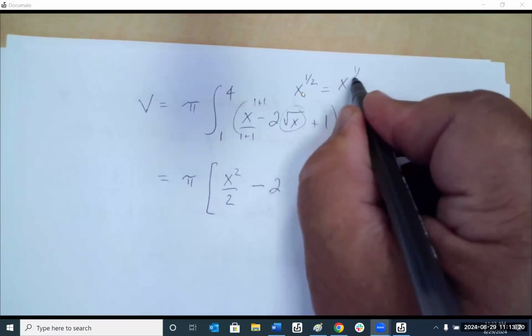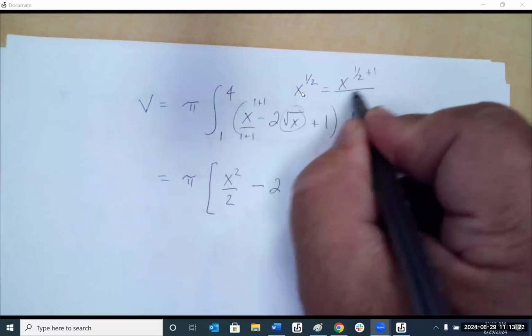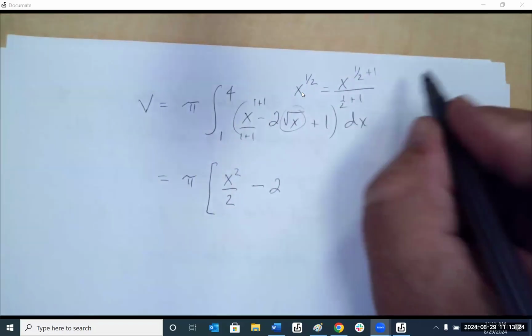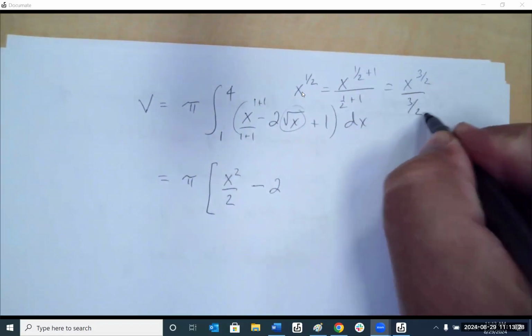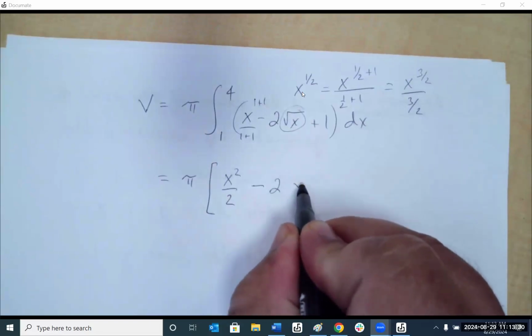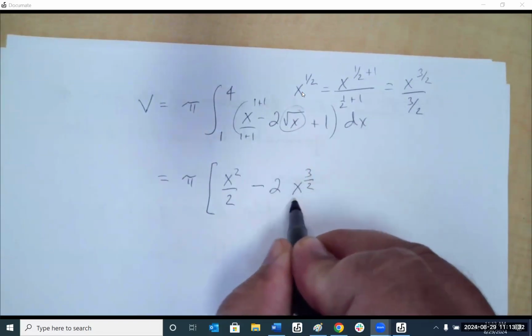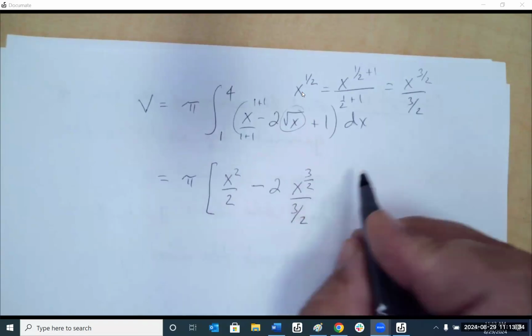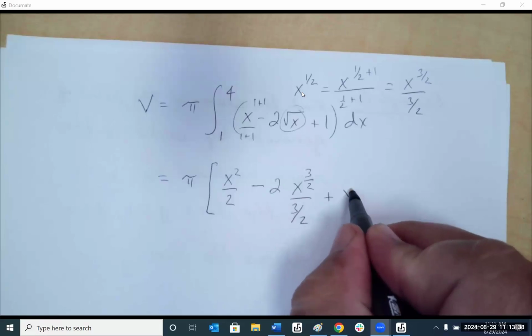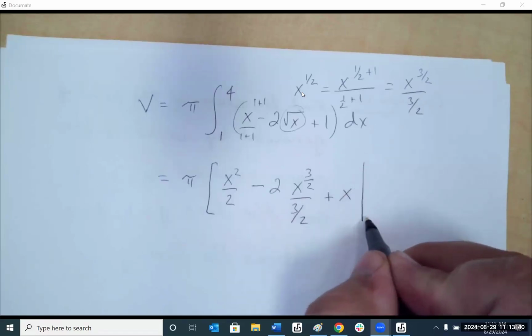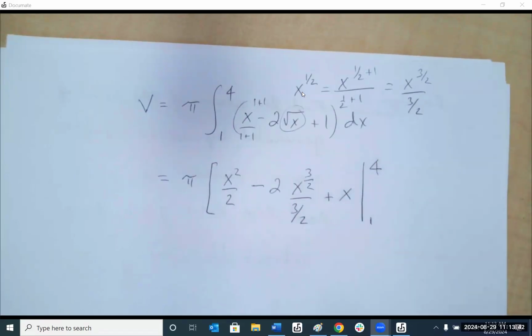So when we integrate that, we have 1/2 plus 1 over 1/2 plus 1. So it's x to the 3/2 over 3/2. Integral of 1 is x. And that's 1 to 4.